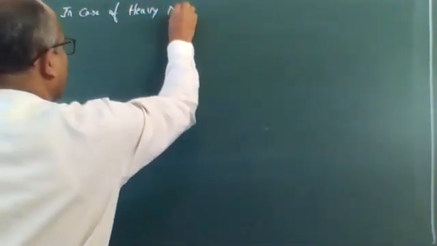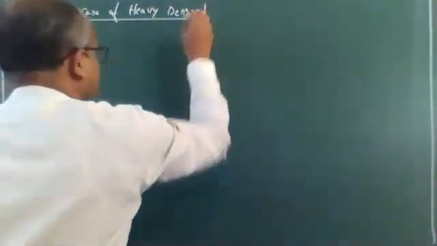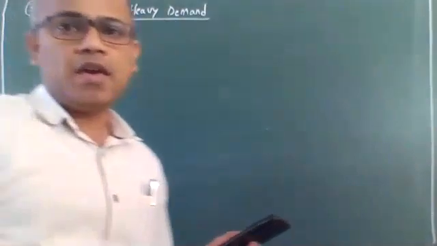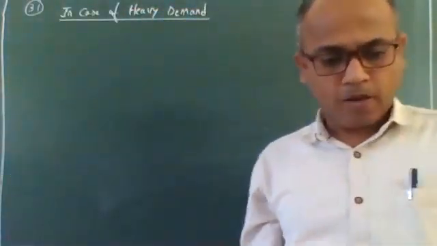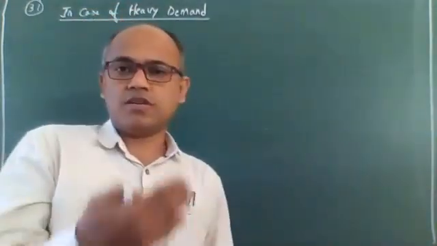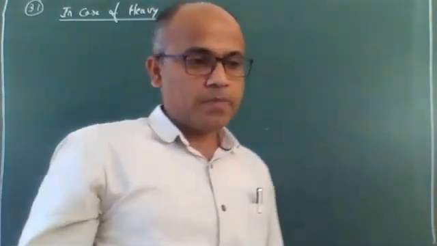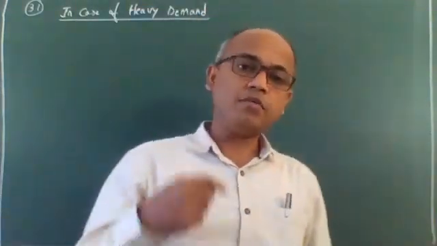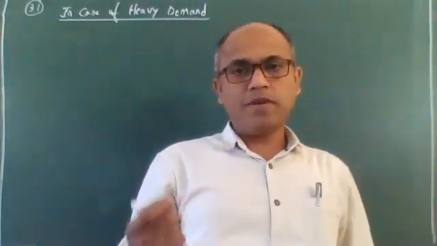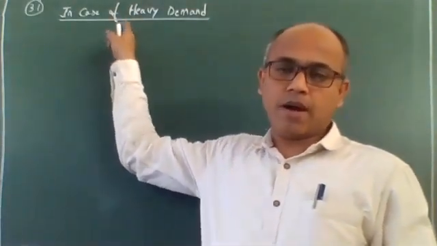Heavy demand. Now, in case you are having heavy demand for your product, you can refer back to the question yesterday, the solutions, what you have done and all. The logic here is that the company which has a higher profit volume ratio will be making good money in times of heavy demand.